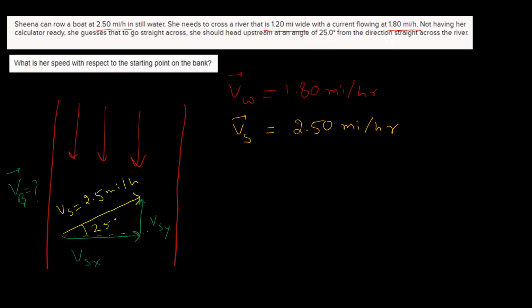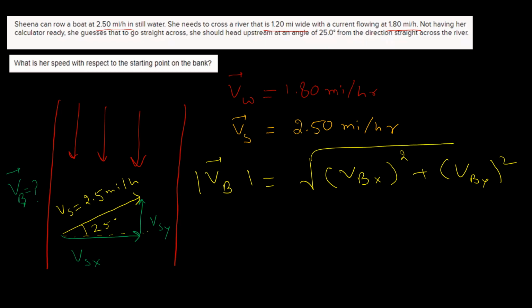So if we want to find the magnitude of the VB vector, the velocity at the bank, we need to find all the components of VB: the x component of VB squared, plus the y component of VB squared. So firstly, let's see what the x components are. We have this VSx. So let's write it this way.